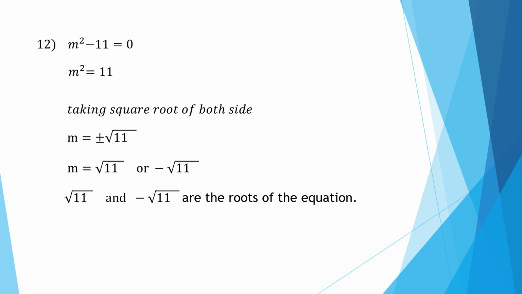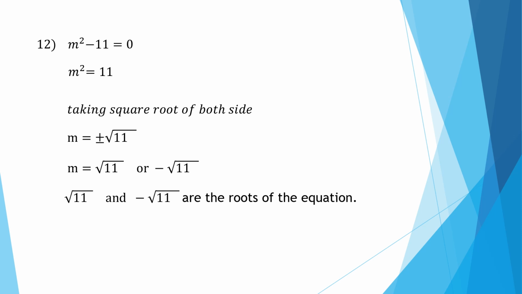Next, m square minus 11 is equal to 0. So we write m square is equal to 11. This minus 11 becomes plus 11 on this side. Then we take square root of both the side.